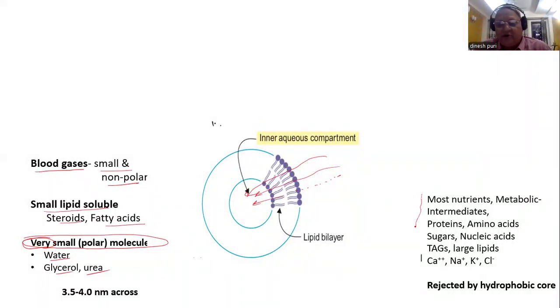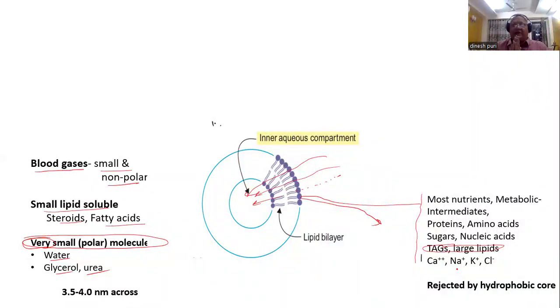And the water-soluble substances are rejected by the hydrophobic core. They cannot cross. Not only these, large hydrophobic molecules, for example, triglycerides and large lipids, are also rejected by the hydrophobic core.